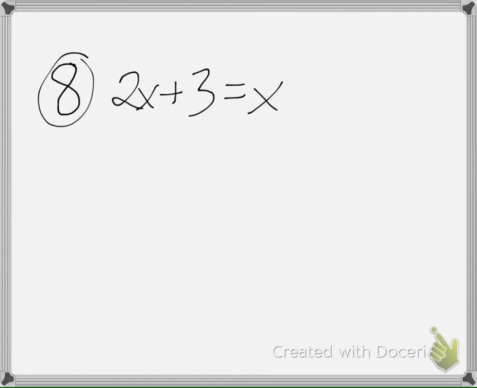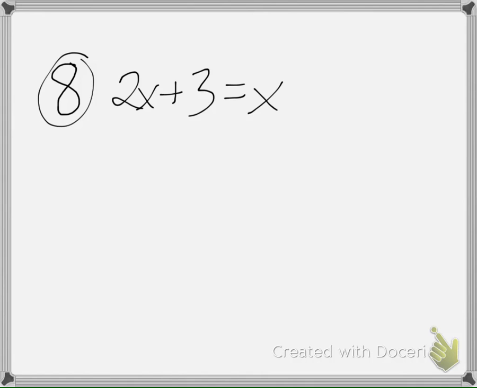All right, so number 8, we have 2x plus 3 equals x. So once again, look at each side and see if there's any simplifying that can be done on each side.